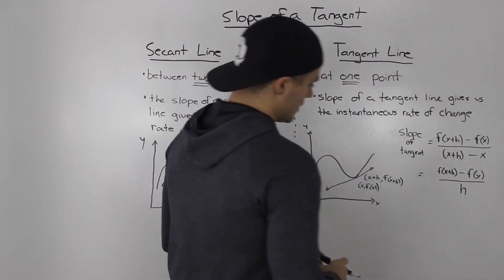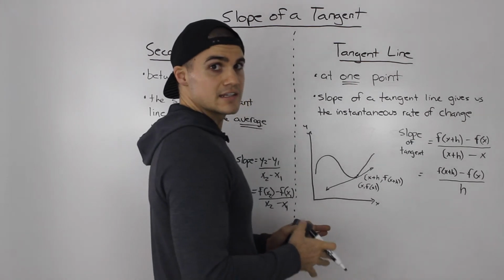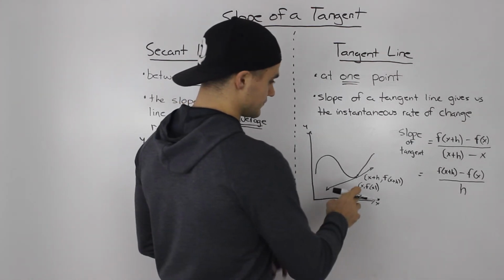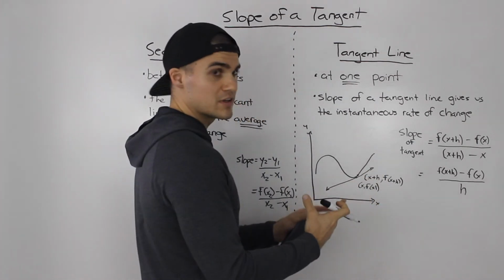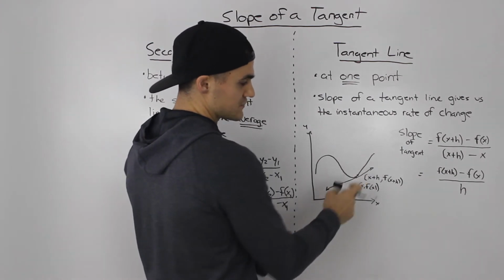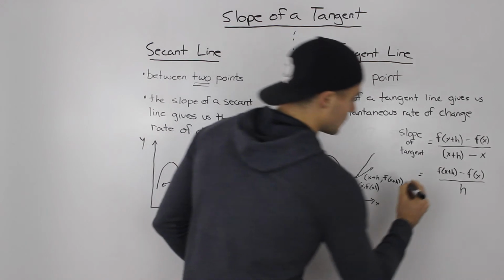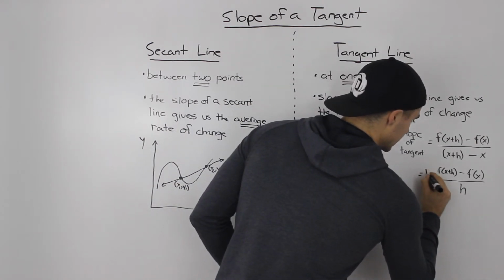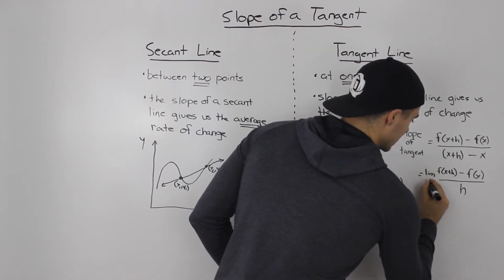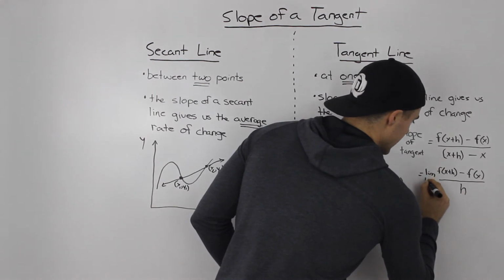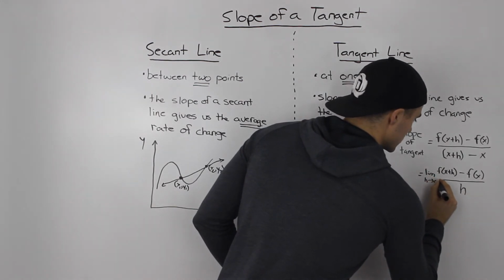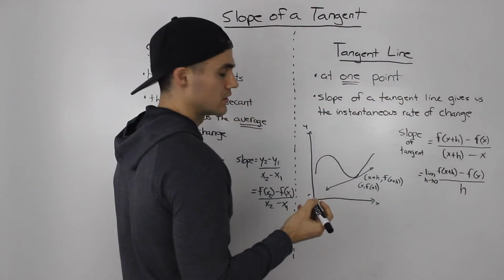Now, because this is a tangent line, we need h to be very small. The difference between the x values has to be very small, almost close to 0. So we could put something here as limit as h goes to 0.